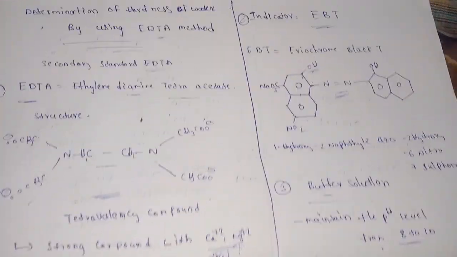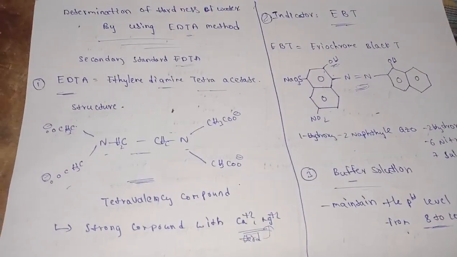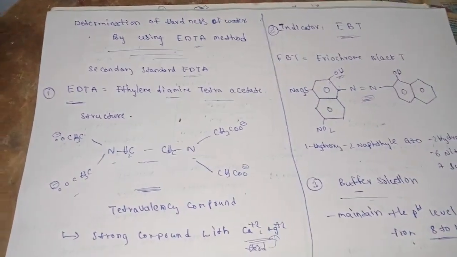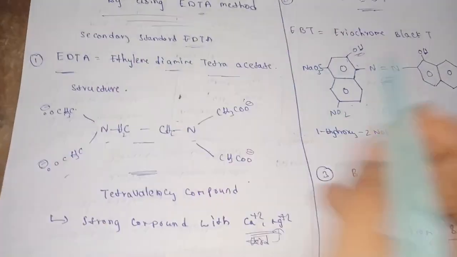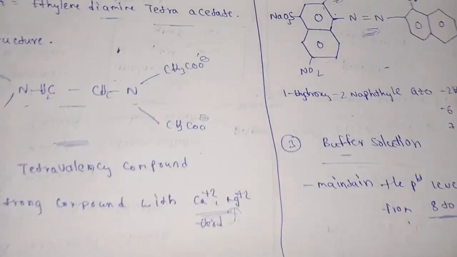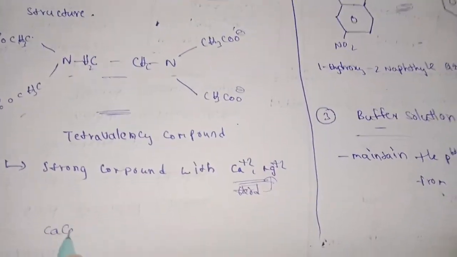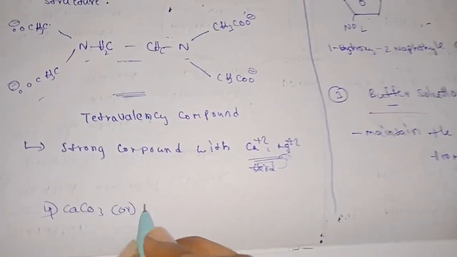So these are the things we use in the determination of hardness of water by the EDTA method: EDTA, the indicator EBT, buffer solution, and calcium carbonate solution or water.